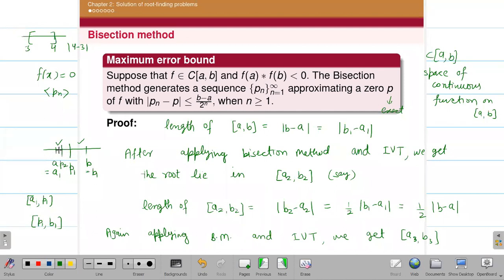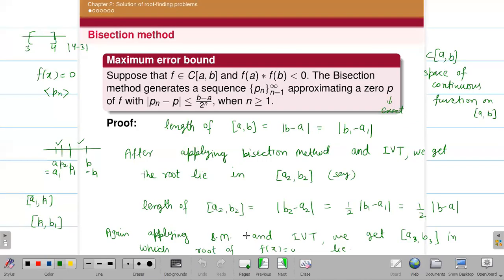So then we will check the sign of f of P2, means at which you are getting opposite sign. Then I will call that interval as A3, B3. You're getting opposite sign at A3, B3. And we have taken this in which our root of f of x equal to 0 lies. Okay.